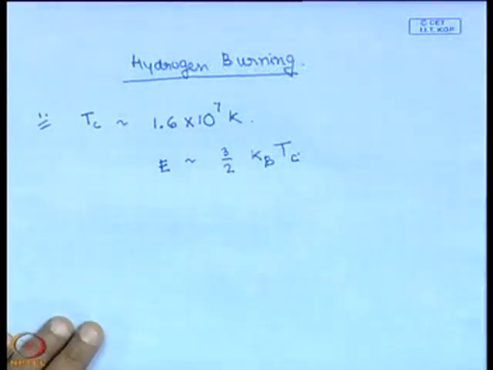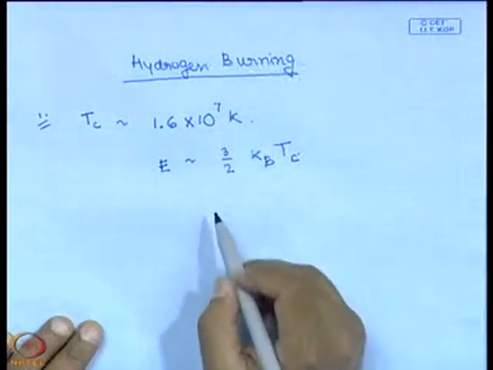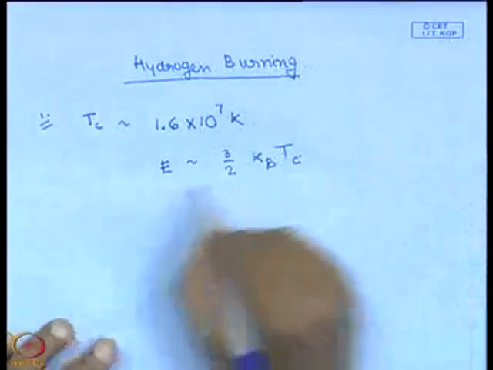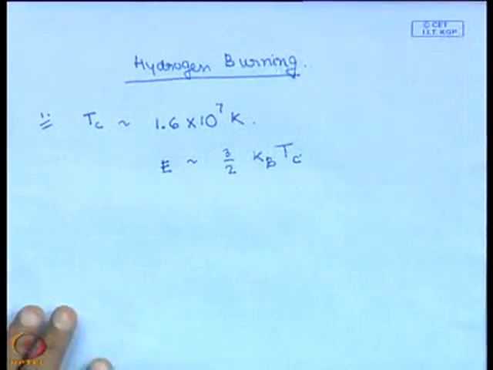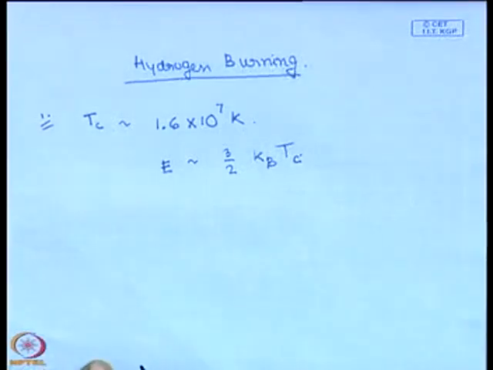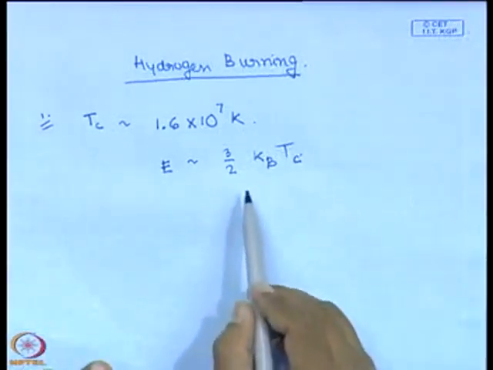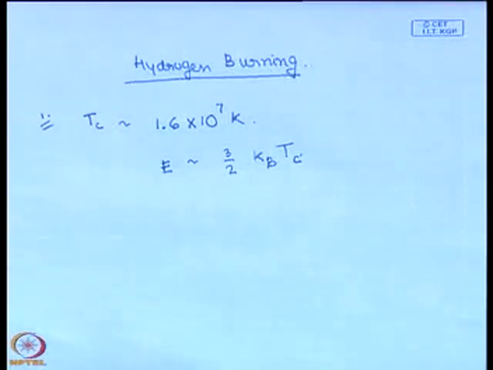The particles inside have a Maxwell-Boltzmann distribution of velocities, and so the kinetic energies also have a spread. The typical kinetic energy is of the order of 3/2 k_B T, the average kinetic energy, and you put in the values.